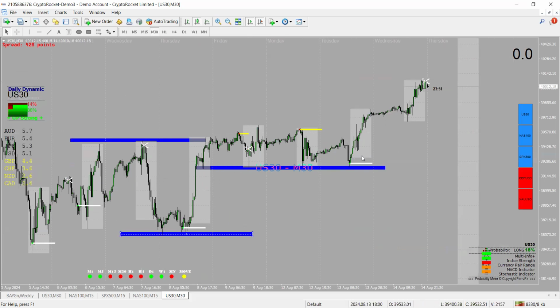We use the same exact analysis to enter the trade right here, right? We have a high, a low, a break of structure. We pulled back to support, RTP, and then here's your entry right here.